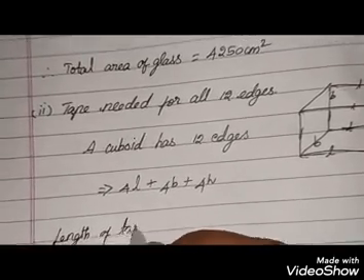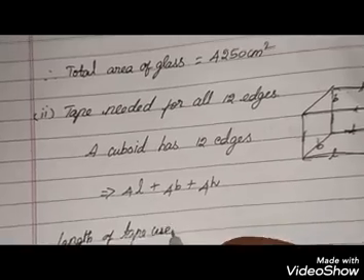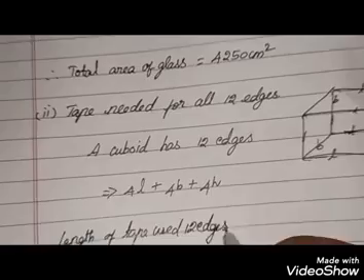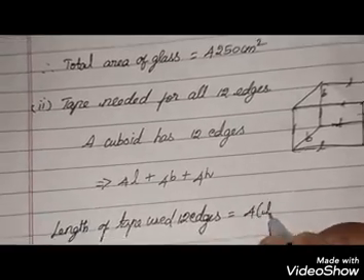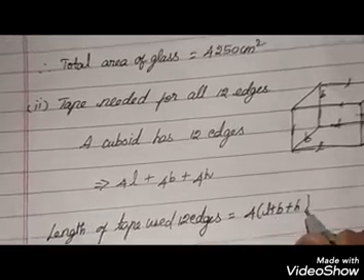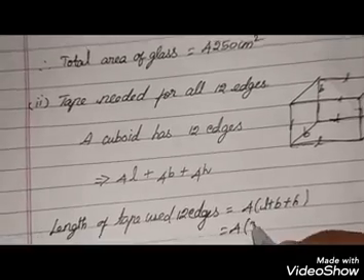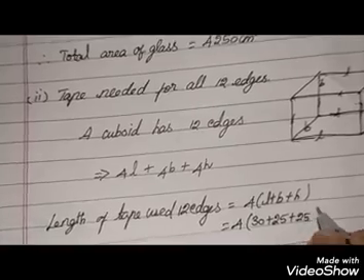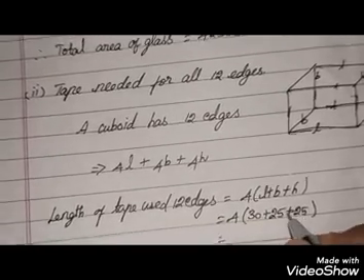Length of tape used for 12 edges is equal to 4 into (L plus B plus H). So 4 into (30 plus 25 plus 25), so 4 into 80.